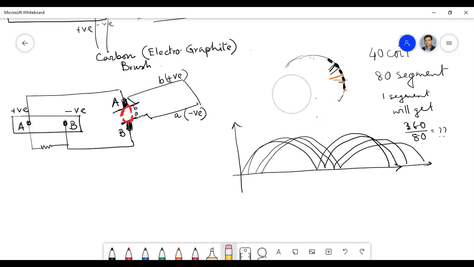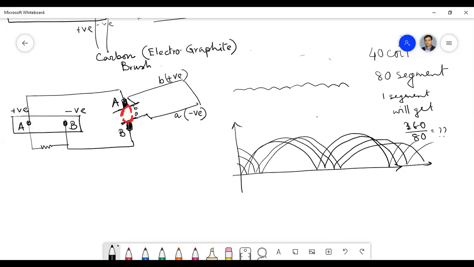For the sinusoidal curve there will be a voltage fluctuation. As we increase the number of segments, the voltage fluctuation will decrease. So that I am drawing here. These are contributions for different coils. When I add these, I will get almost ripple free DC.